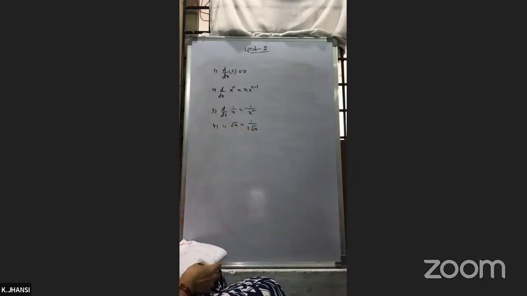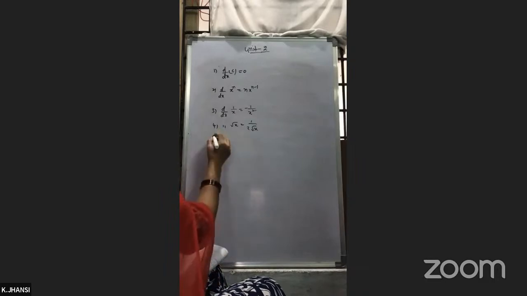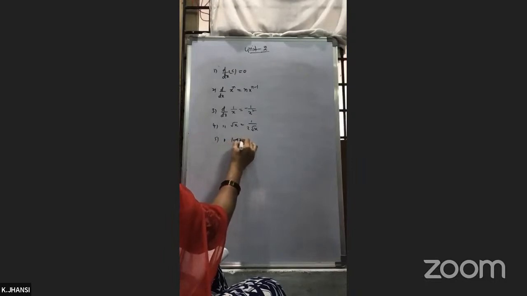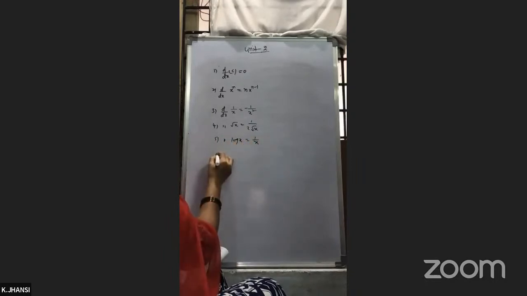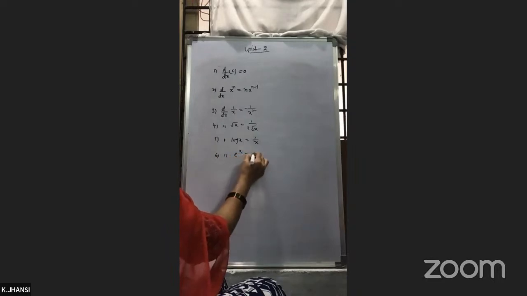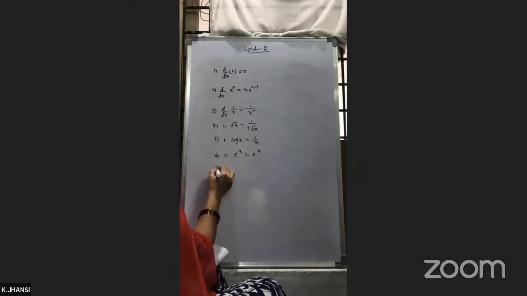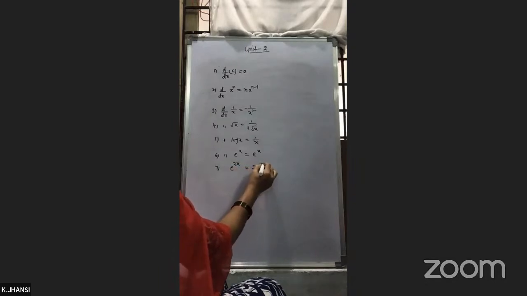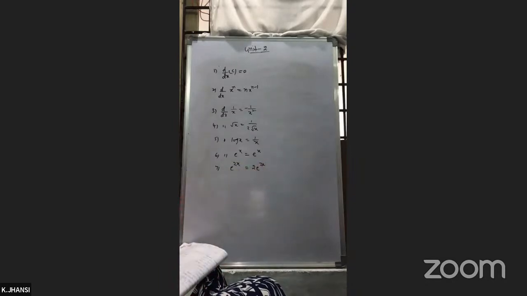Okay. And next, d by dx of log x is 1 by x. d by dx of e power x is e power x only. And one more you can see here, if it is e to the power of 2x, you have to write it like this: 2 into e to the power of 2x. Okay.